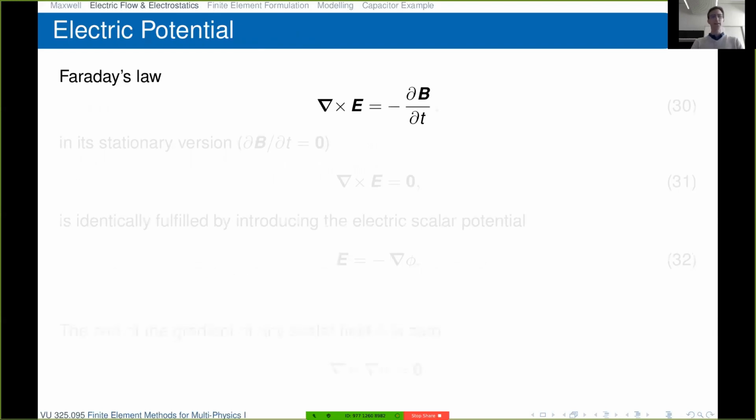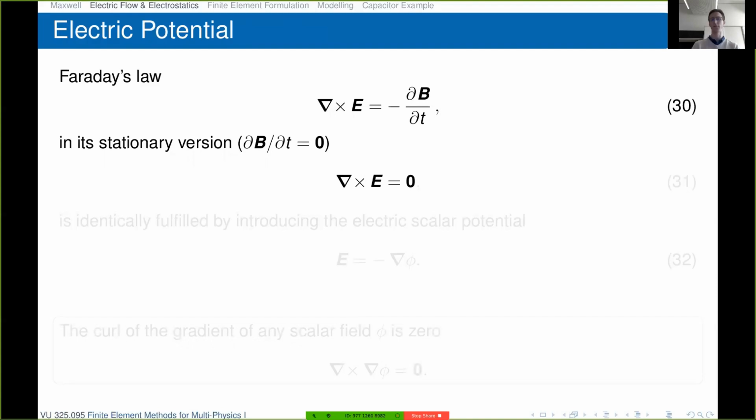What we need in this case is the electric potential. So if we take Faraday's law, one part of Maxwell's equations, curl of E equals minus the time derivative of B, and we only consider the stationary case, so we set the time derivative to 0, we have the curl of E equals 0.